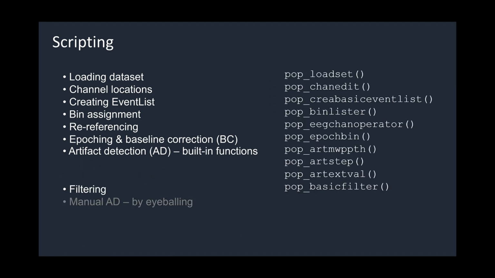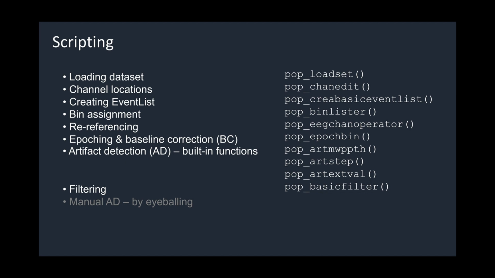As I've mentioned before, every button you click on your EEG-Lab GUI has an equivalent command or a corresponding ERP Lab or EEG-Lab function that is being run secretly in the back.